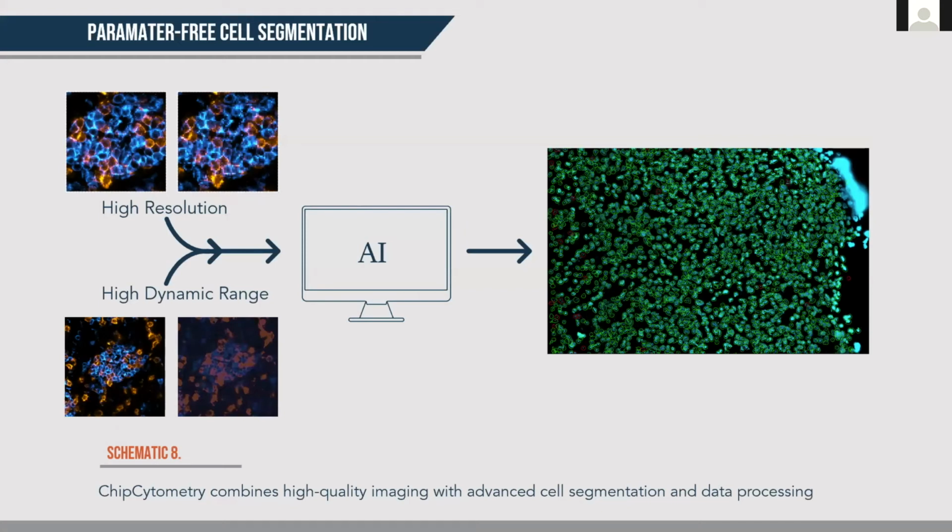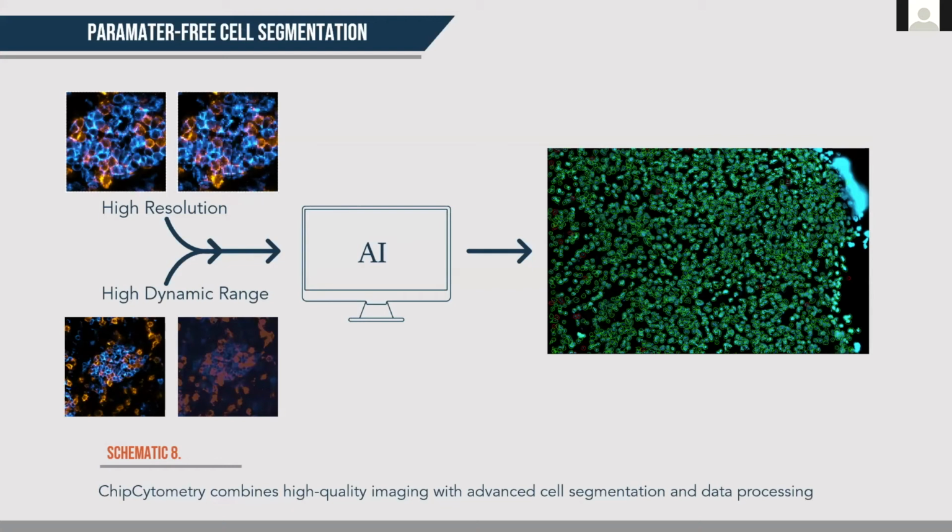So just to summarize all this, the main challenge downstream of collecting the image is processing the image, and that involves drawing borders and segmenting each of the cells and then measuring the fluorescence intensity inside those borders.